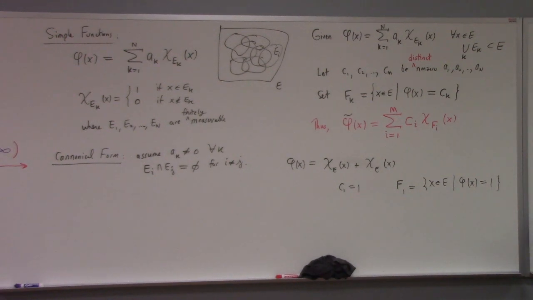Phi of x dx, the sum k equals 1 to m of c sub k times the measure of F sub k. Remember, we assumed that the sets E sub k were measurable.